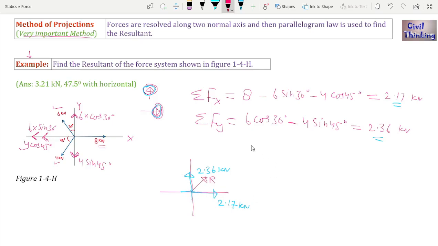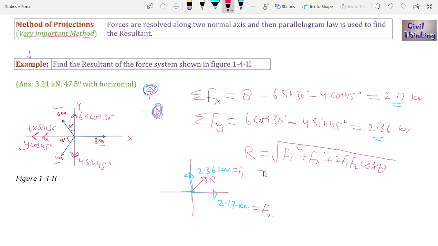Resultant. Now what will be the value of the resultant according to the parallelogram law? Let us say this is f2 and this is f1. Now the resultant is the square root of f1 square plus f2 square plus 2 f1 f2 cos theta, right?